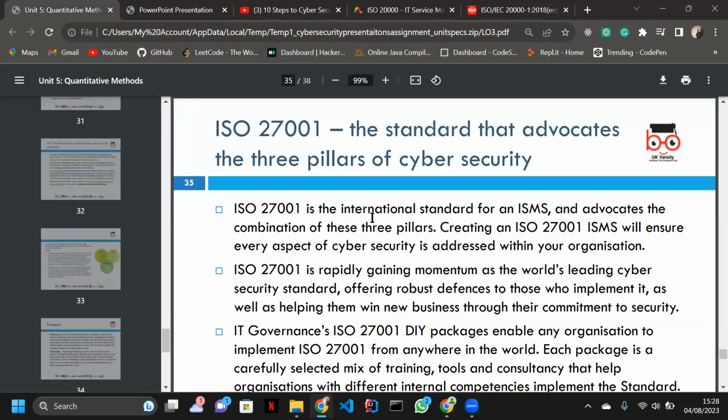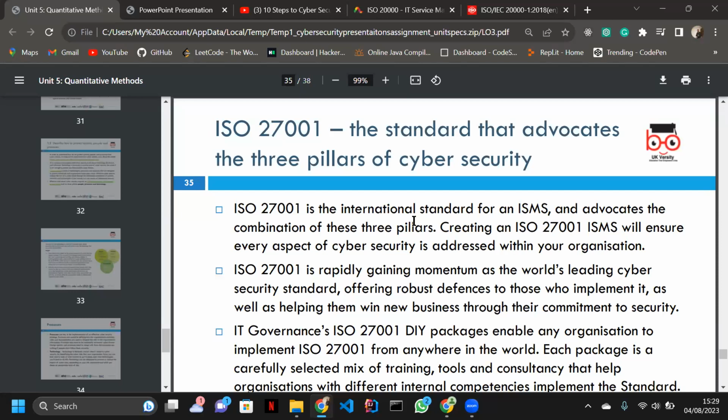Okay, so as you can see, there are different types of ISO standards, plenty of them. And this one here is the international standard for an ISMS, and advocates the combination of these three pillars.